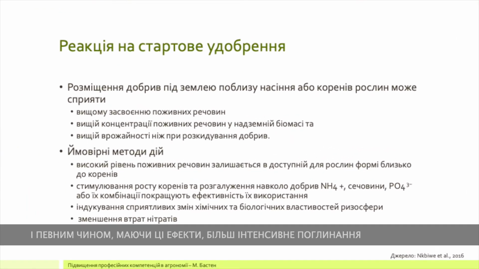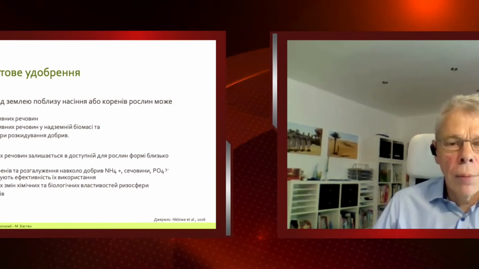And by having these effects, with more intensive uptake by the roots, of course, we can reduce losses, in particular nitrogen losses as nitrate. So that means we can expect quite a lot, but of course, what we are interested in is what it does on our crops.